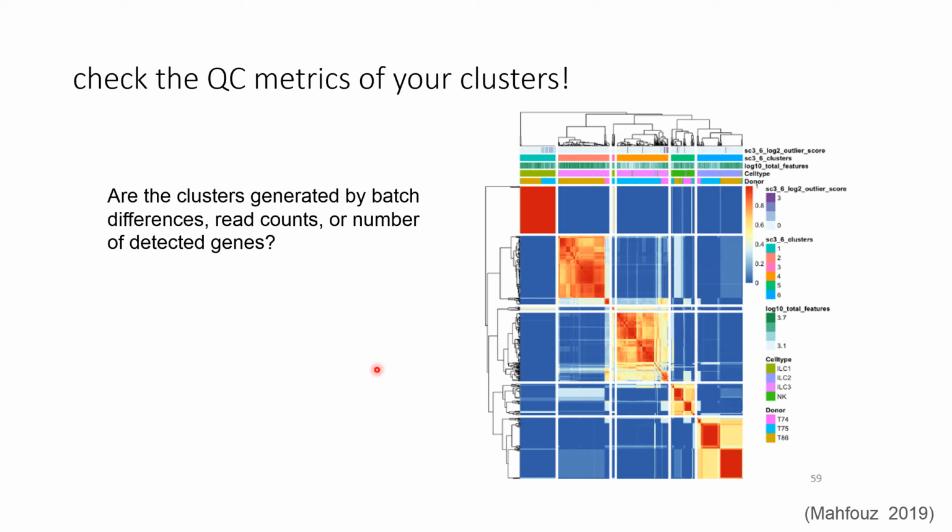Though some words of caution here: the stemness of a cell has been shown to positively correlate with the number of different genes detected in it. So this is evidence to say that there can be some biological reason for having the number of genes or the number of total read counts correlate with the partitioning of your groups.